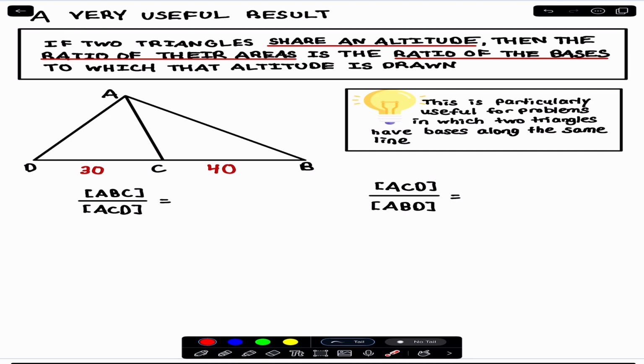So in triangle ABC, the altitude from point A is being drawn to base BC, which is 40. And then in triangle ACD, that altitude is being drawn towards side CD, which is 30. So very quickly we can answer that this is equal to 4/3.